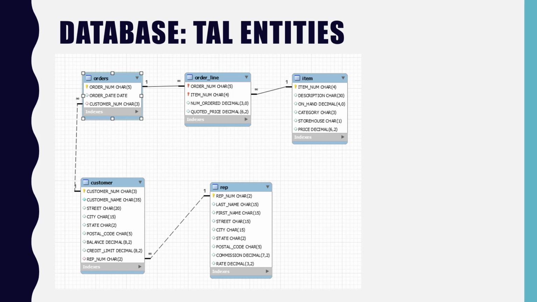So they have a one rep to many customers. This line is actually drawn from which fields tie them together. It's the rep num and the rep num, right? The rep num in the customer table refers to the rep num in the rep table. Dig it? All right. So that's a one-to-many relationship.